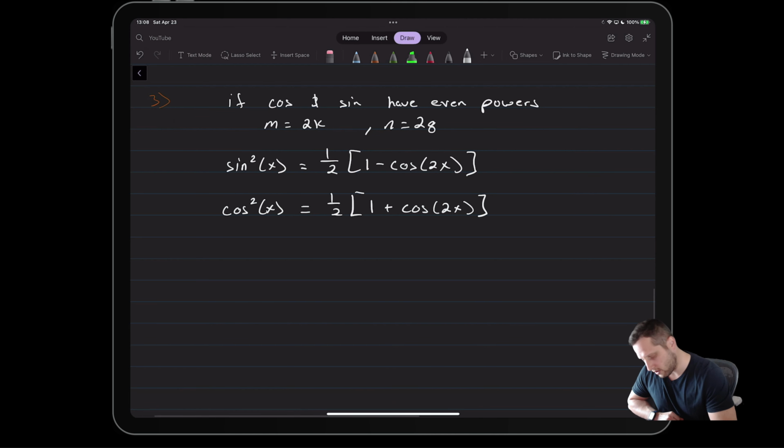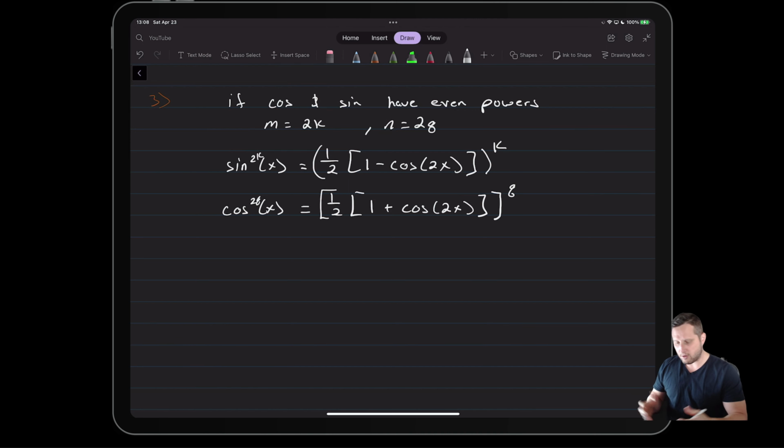And so if you have 2 to the k, then this whole thing is going to be to the kth power, and this whole thing here will be to the qth power. And then you expand those out.